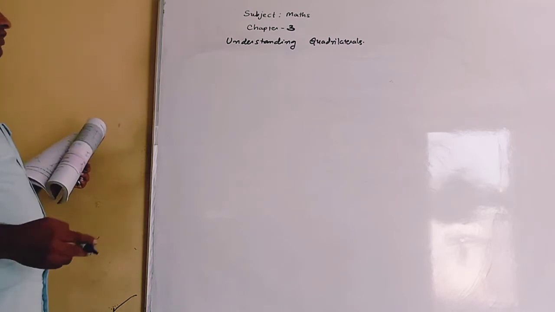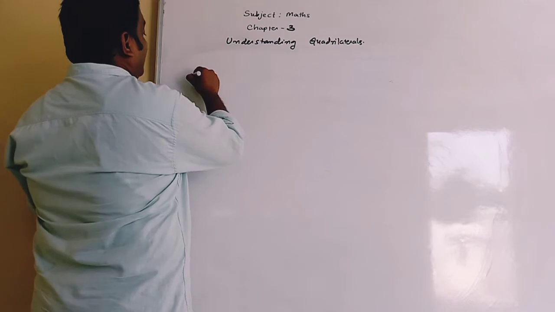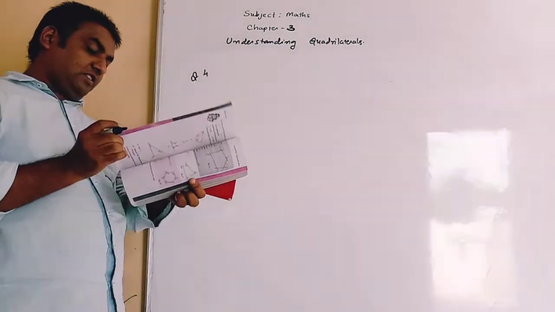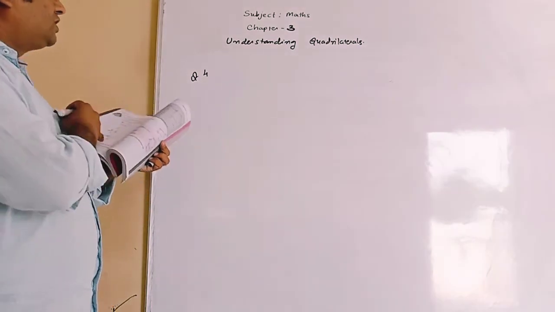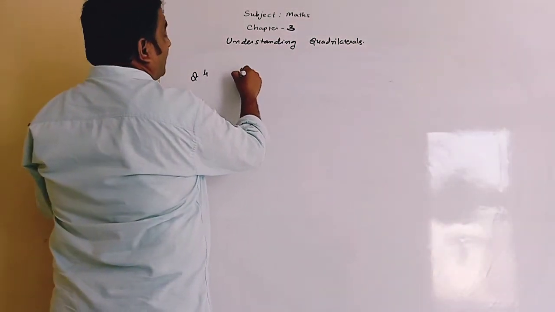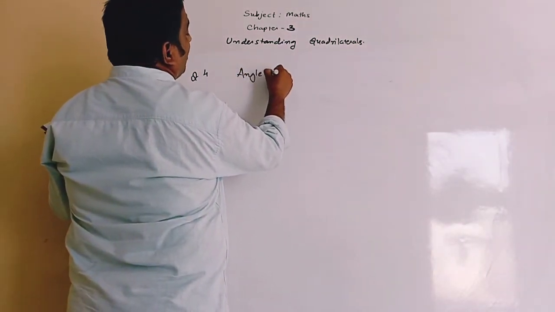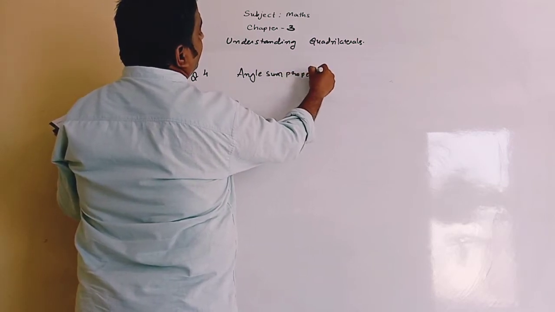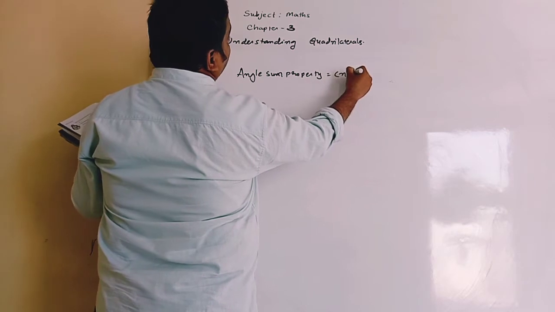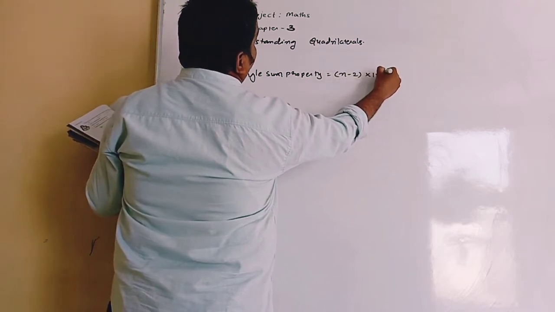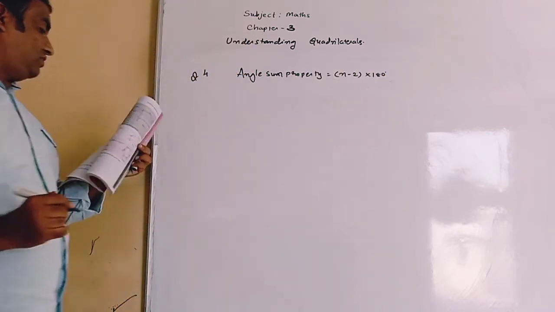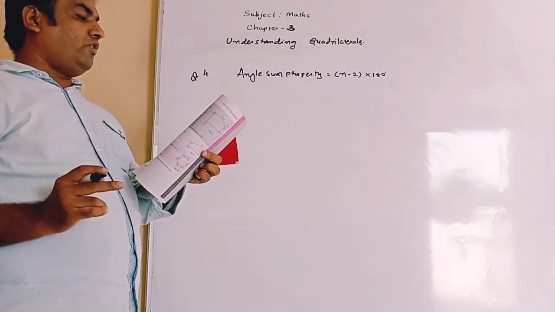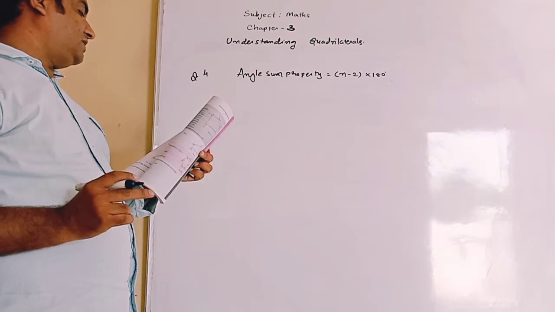Now question 4 we have, that is based on the angle sum property. Some diagrams are given and the angle sum property explained. We have already got the formula, n minus 2 into 180 where n is the number of sides. Okay. So here, what can you say about the angle sum of a convex polygon with number of sides 7?